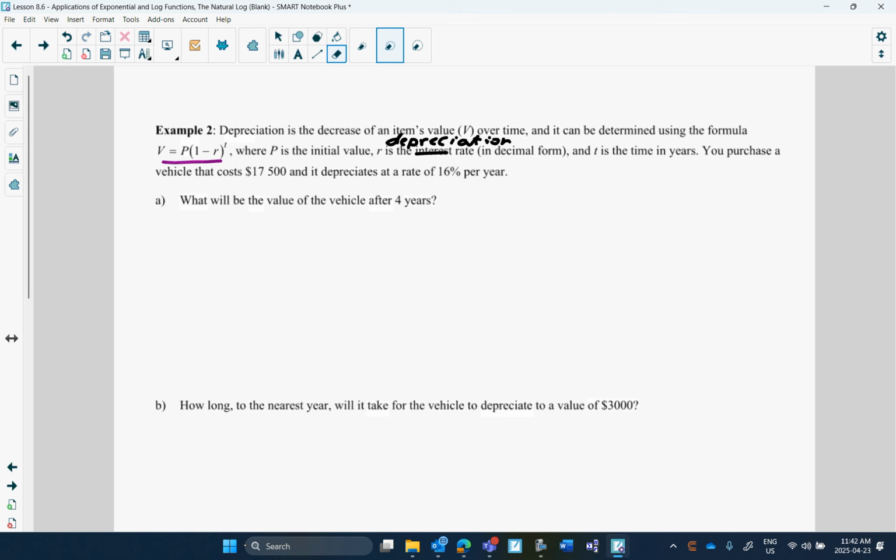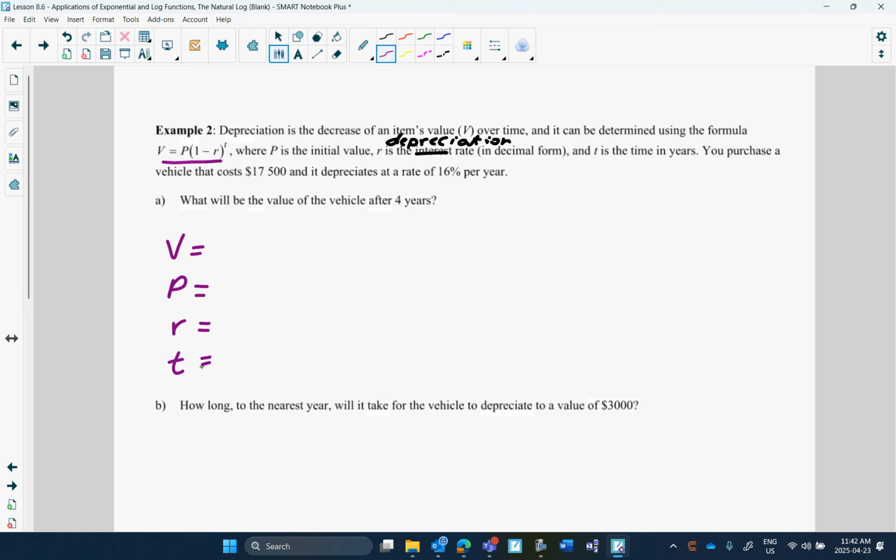So again, let's just answer each question. Well, what are the letters in the formula? These three. The question tells me, what's the value of the vehicle after 4 years. Which one is the question mark?